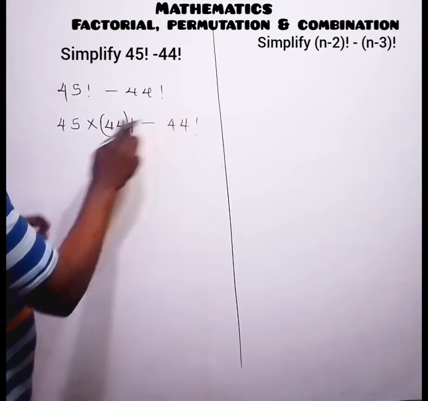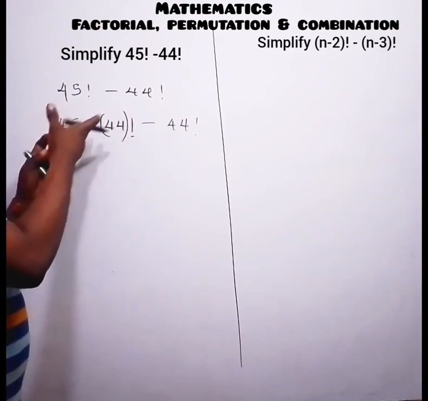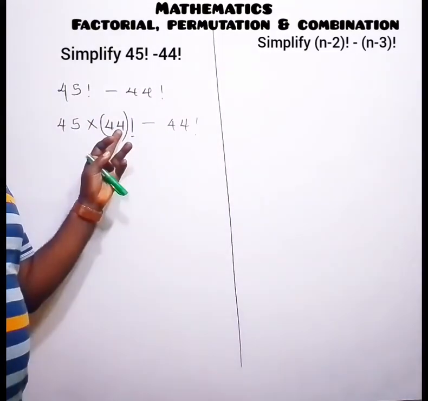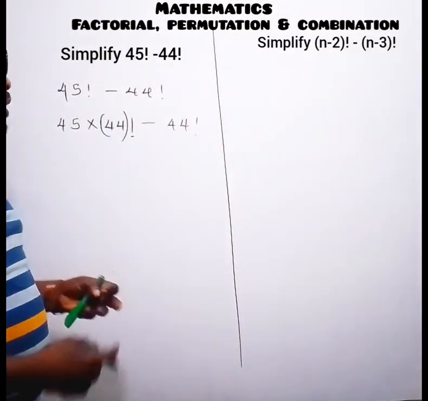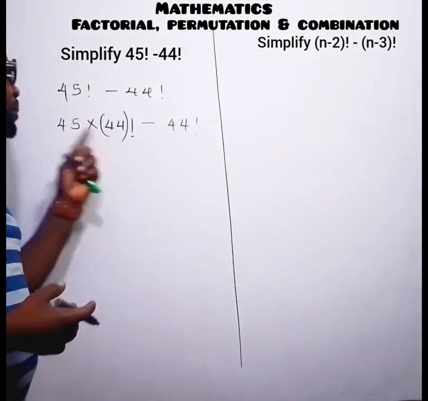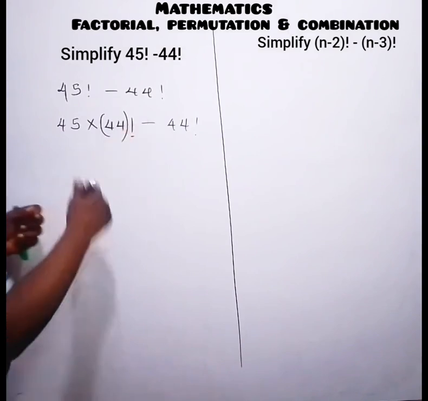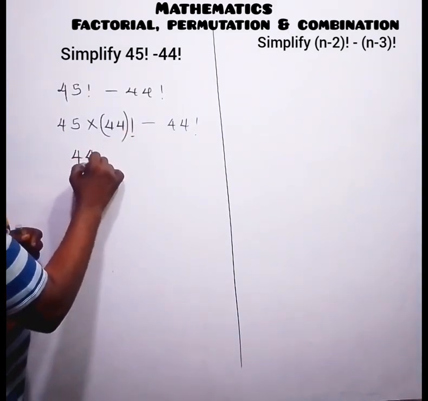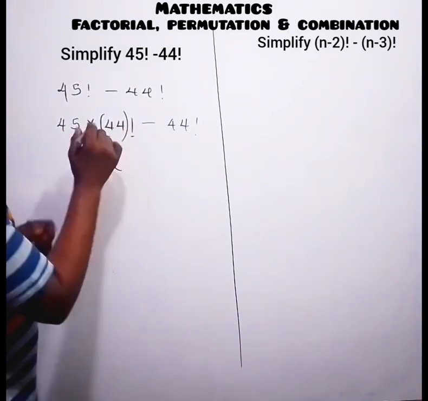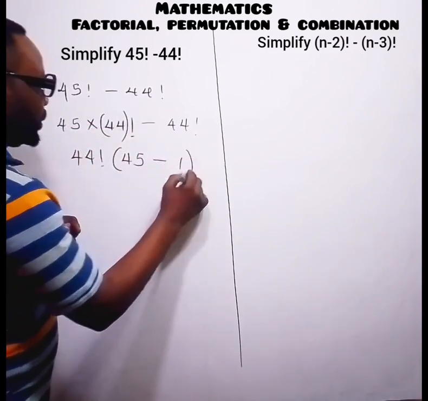Now in this case, when I multiply this 45 and 44 factorial, 44 factorial is common between this expression, which is represented by a negative value. So I'm going to have 44 factorial into, because it's the common value, 45 minus 1.